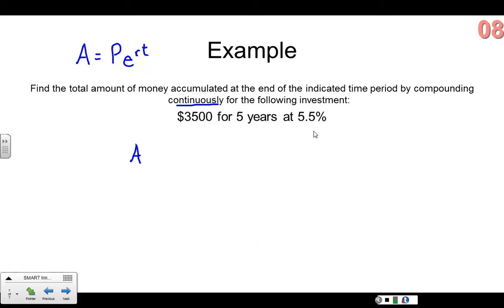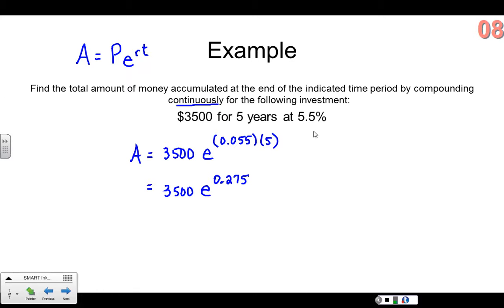So the amount here is going to be 3,500 times E to the 0.055 times 5 years. So 0.055 times 5 comes out to be 0.275.